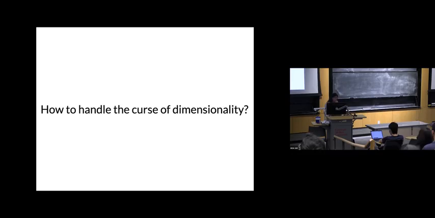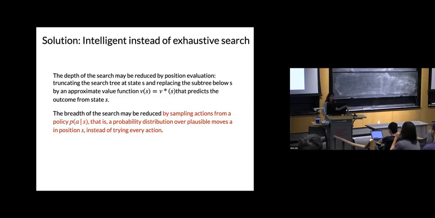Now, the truth is, though, that Deep Blue essentially used that search. For a particular state, it was checking forward, but it was trying to do this intelligently, which means what? Instead of exhaustively checking all possible next states and actions, you will do some intelligent pruning of that search in the following way. Two things you can prune.